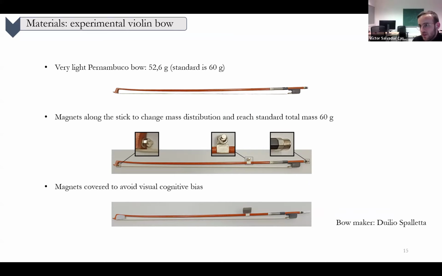It was a metal clamp which was magnetized so that we could easily attach the magnets, and also the screw of the bow was magnetized. So the three parts were always in the same positions. Okay, so those three positions stayed the same all the time. Yeah. And what was the piece of tape? Was that to cover how many magnets you had there? Yeah, that's it. Okay. Now I'm curious.